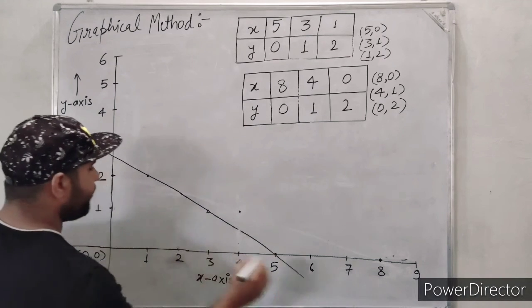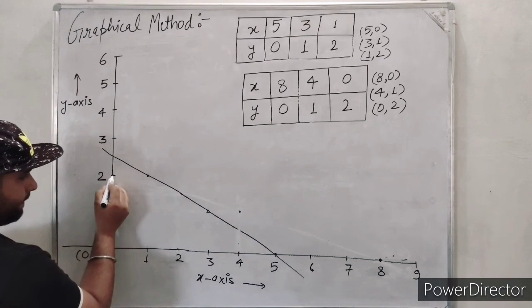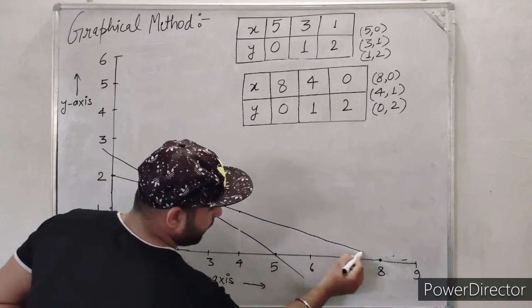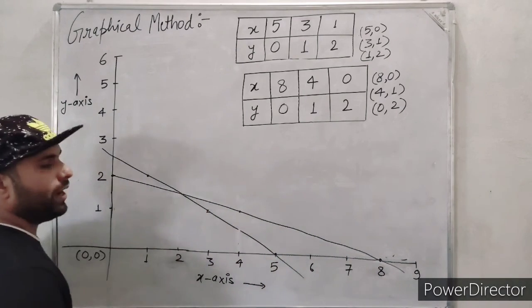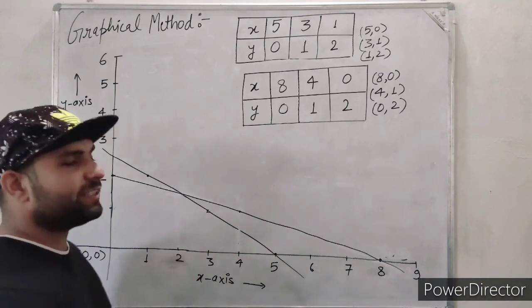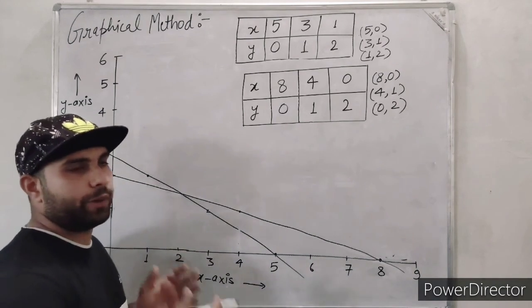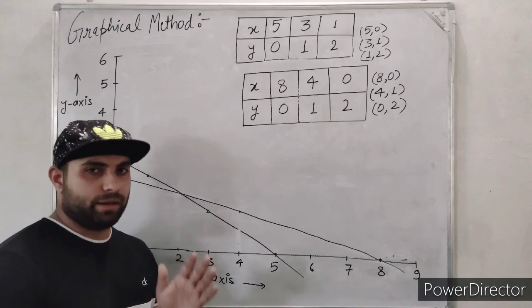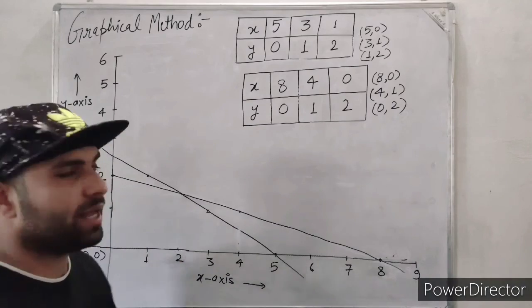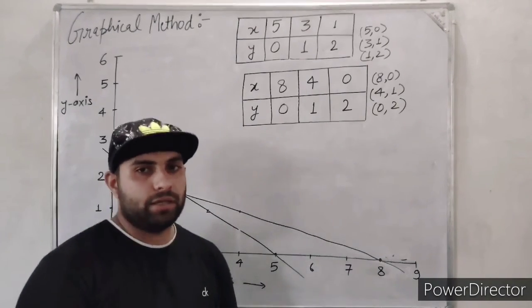Now join all these 3 points. So I have again made a straight line. This is a roughly straight line I have made to make you understand, but you will make it on proper graph paper with a scale so that your answer will be most accurate.